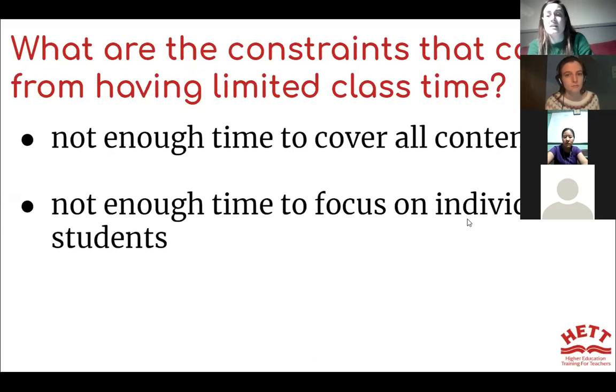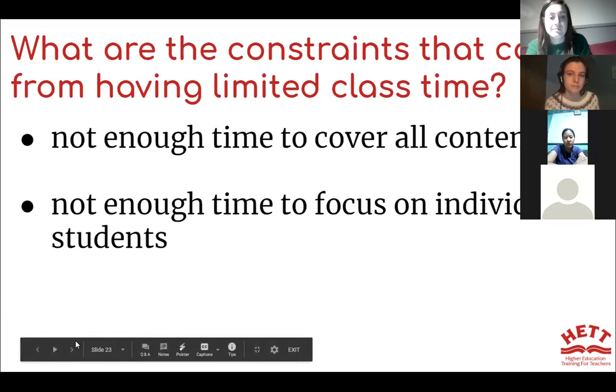But I do think there's not enough time for activities to run properly and to do lots of activities. Especially if you have a lot of content to cover, it can be difficult to try and do activities and cover all the material that you're supposed to cover.